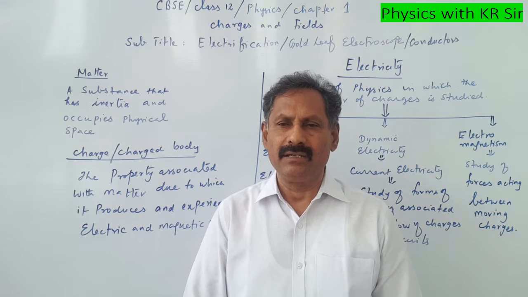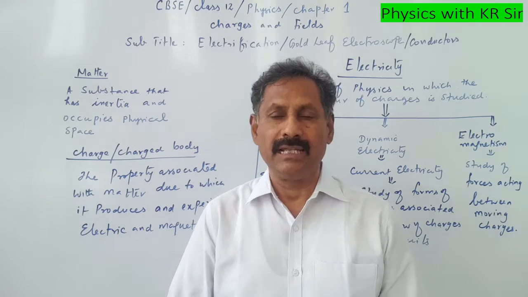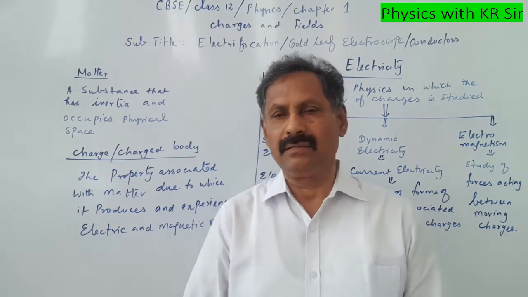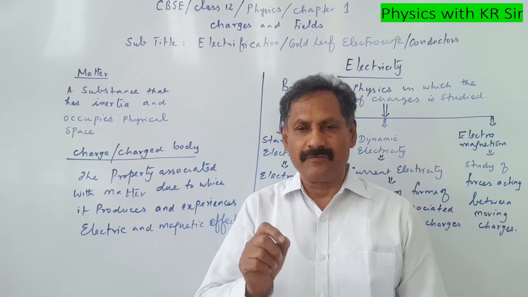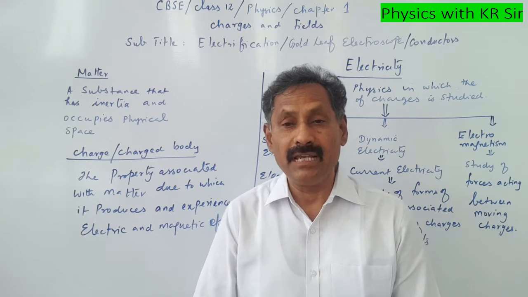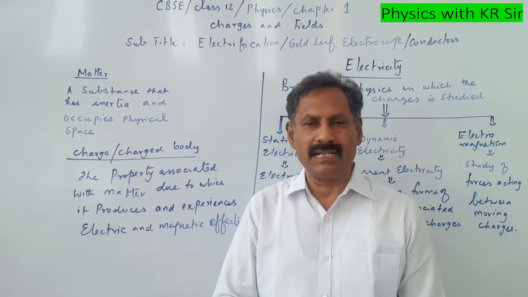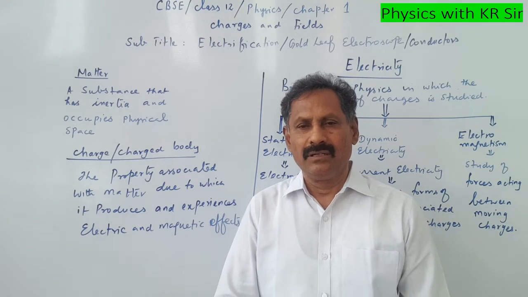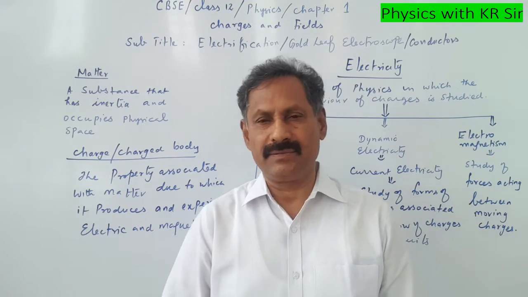Generally, people think that electricity is nothing but the current. It is not like that. Electricity is one of the branches of physics in which the behavior of the charge is studied.